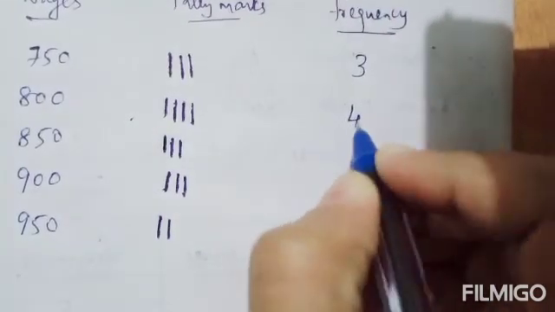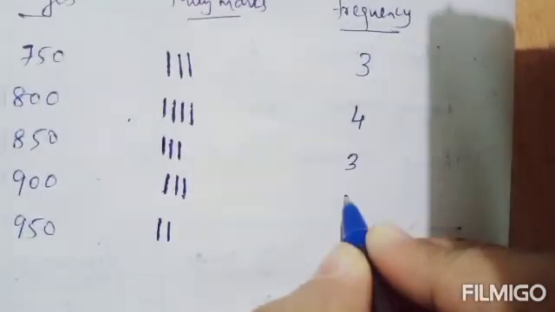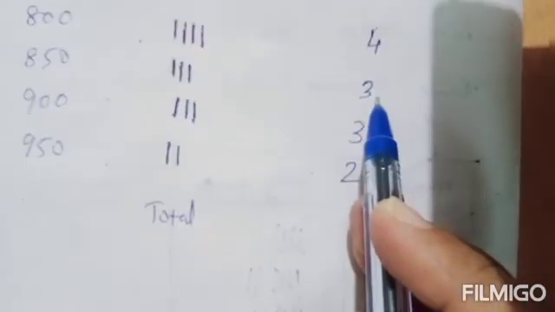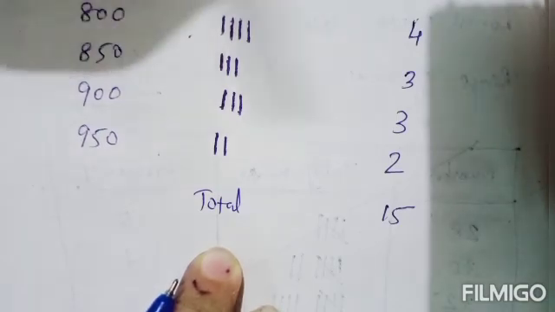Now you can count and write. First one 3, then 4, again 3, then 3, here 2. So total, what will you get? 4 plus 3, 7, plus 3, 10, plus 5, 15. So this is the frequency distribution table.